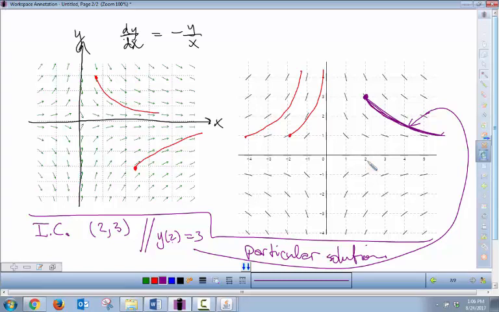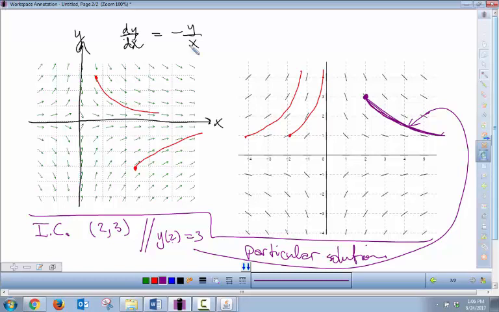It looks like it's some sort of y equals e to something negative x squared. We'll solve for this by the end of today. We should be able to analytically solve this differential equation and we'll get the exact result.